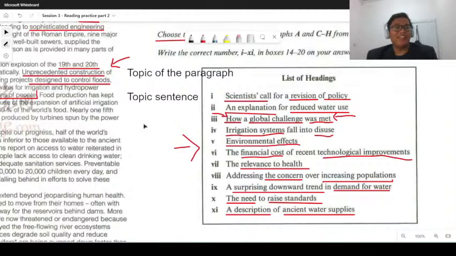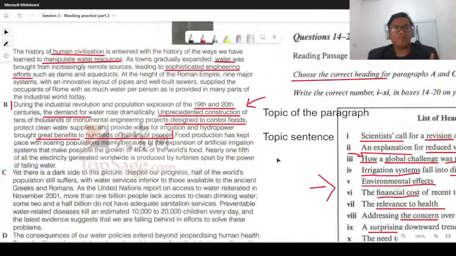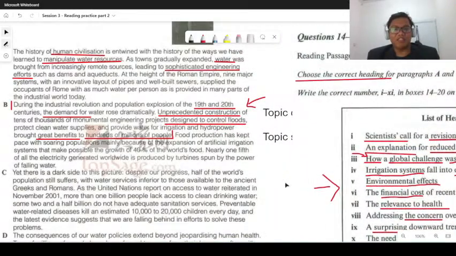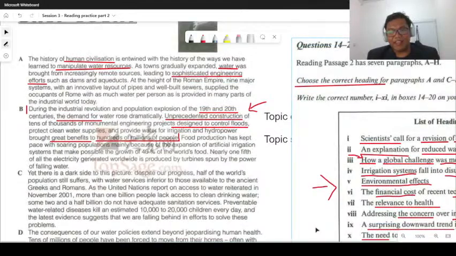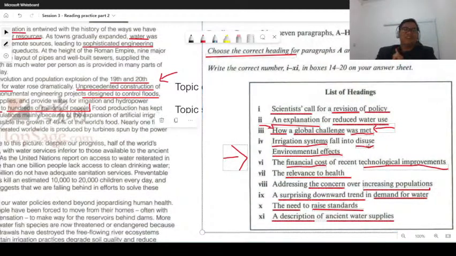We did, I think, see something like dams and aqueducts that might be used in irrigation systems, but the heading specifically says fall into disuse. So we did not find anything that connects with the word disuse. So far, that is very unlikely.